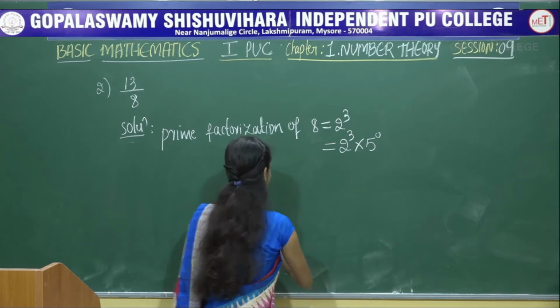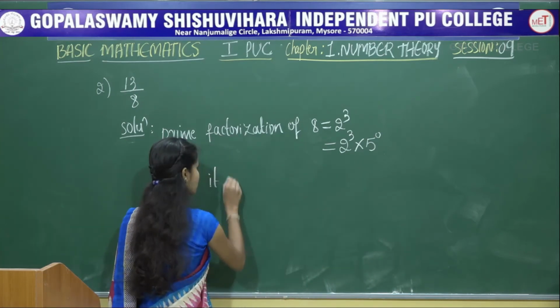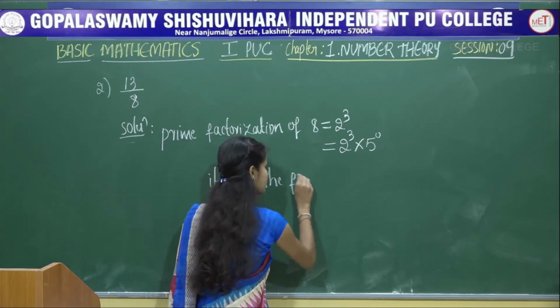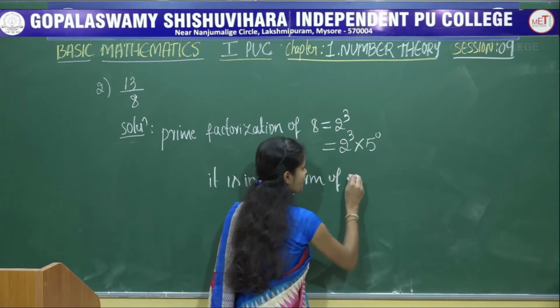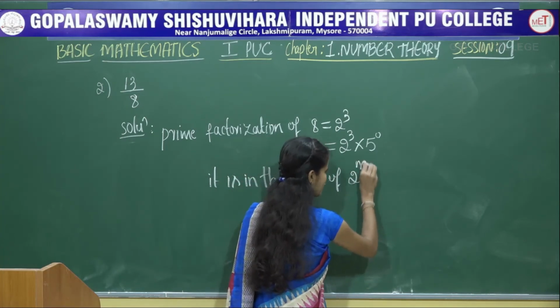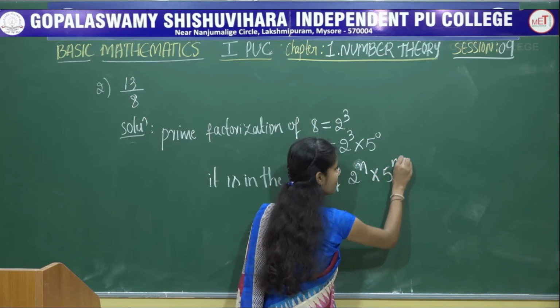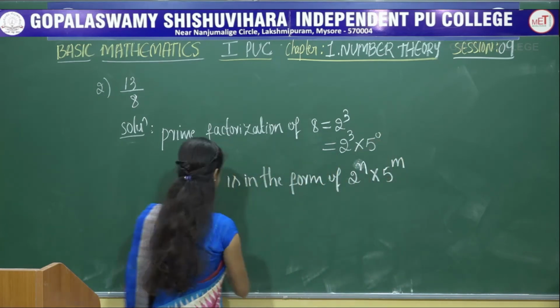So therefore this is in the form of 2 to the power of n into 5 to the power of m. Here the m value is 0.